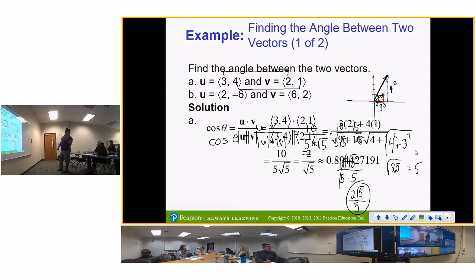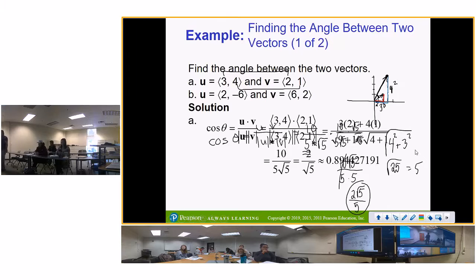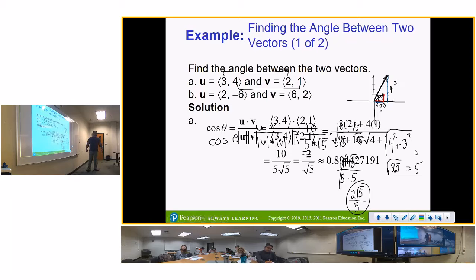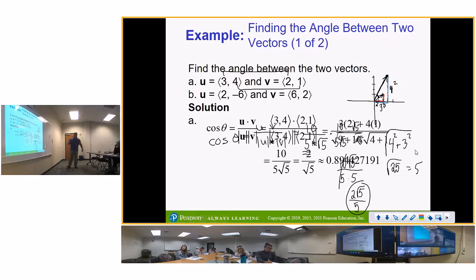What's 5.4 over 5? What's 2 times square root of 5 over 5? Is that 0.89? Yeah, it is. Okay. Yep. All right, y'all do the next one. Now, I will probably put several of these on the test. Why? Because this is very, very, very important.